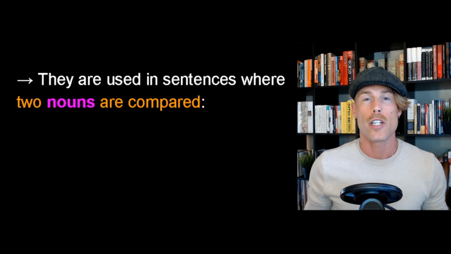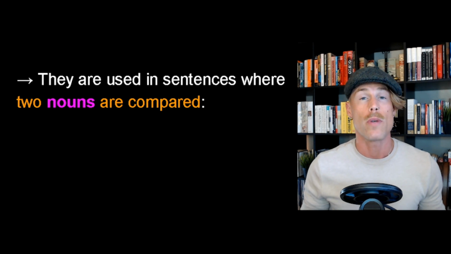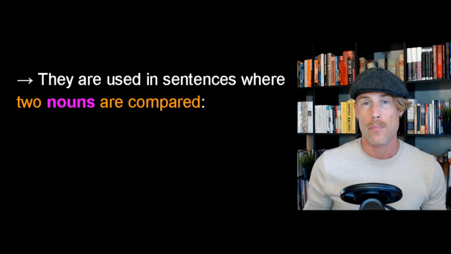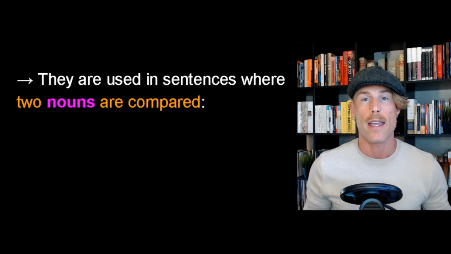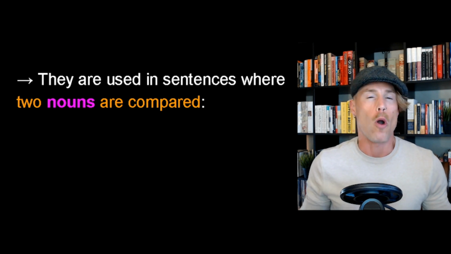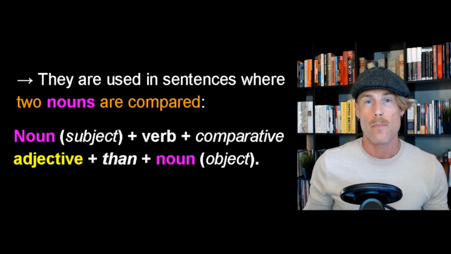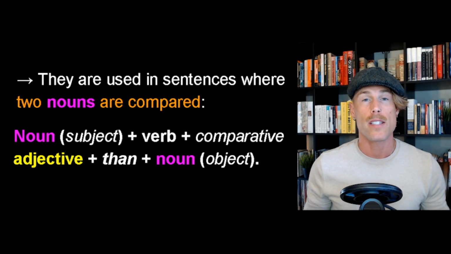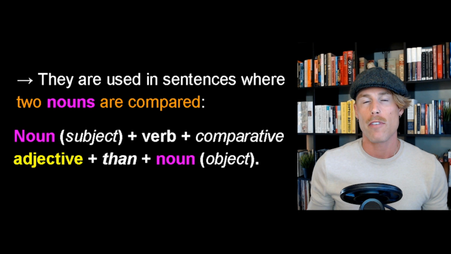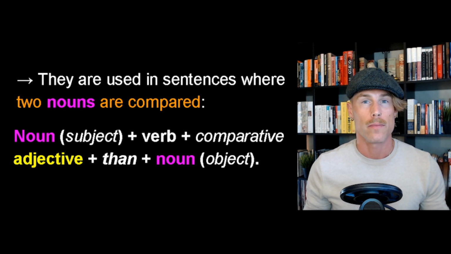And comparative adjectives are used in sentences where 2 nouns are compared, and we use a specific formula or equation for this. Noun (subject) plus verb plus comparative adjective plus than, THAN, plus noun (object).